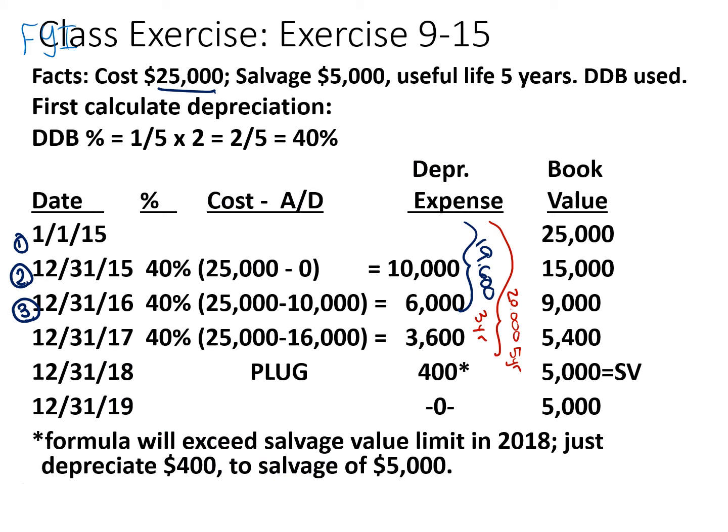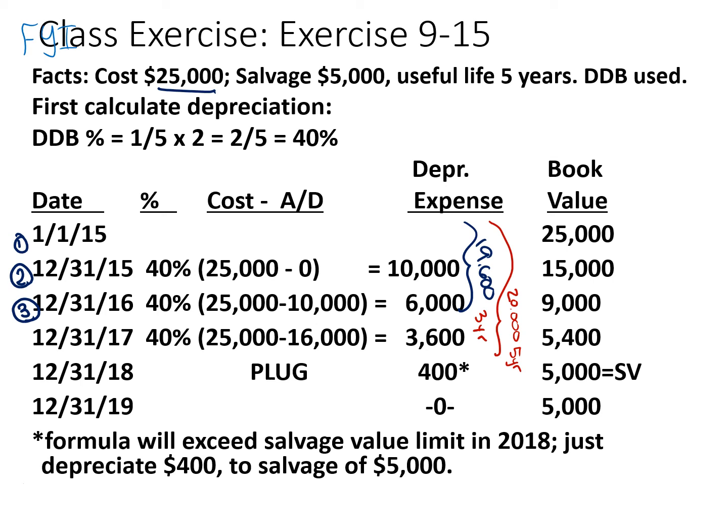Here's another example that uses double declining balance, so it's a little bit more complicated. The cost is $25,000. The salvage is $5,000. It has a useful life of 5 years. Double declining balance was used, and so the double declining balance rate is 40% a year.